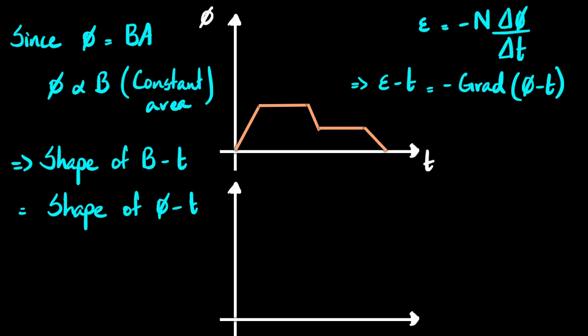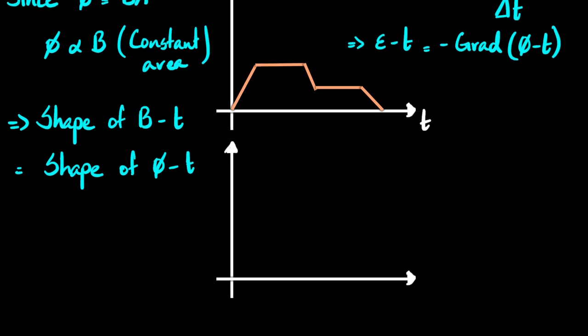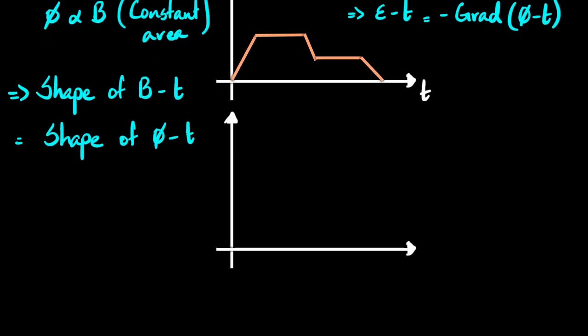So in this case, for example, we can see that the gradient here is some positive constant, but when I'm making this graph of, what was it? Yeah, so EMF versus time.